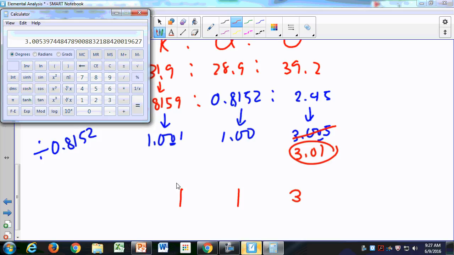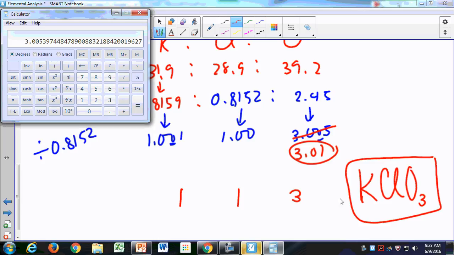So the potassium to chlorine to oxygen ratio is 1 to 1 to 3. The empirical formula has 1 potassium, 1 chlorine, and 3 oxygen, so the empirical formula of this compound is KClO3.